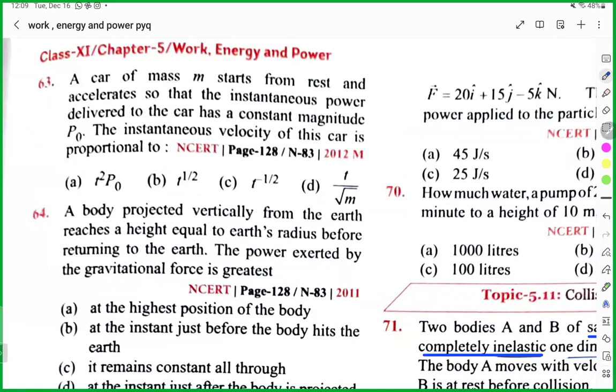This chapter full, gravitation chapter full, work, energy, power. Okay, sir. Gravitation chapter full, and I will finish whatever is left from kinematics. I will quickly revise kinematics in 1 or 2 classes because we are done with most of the things.